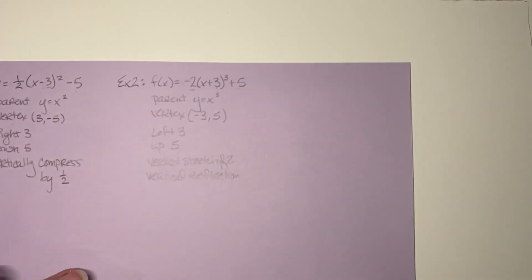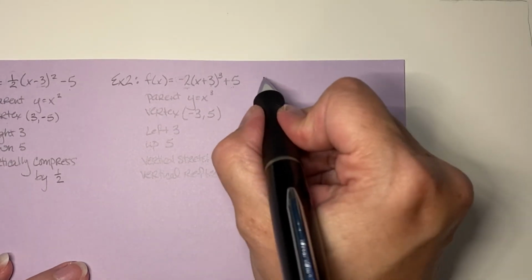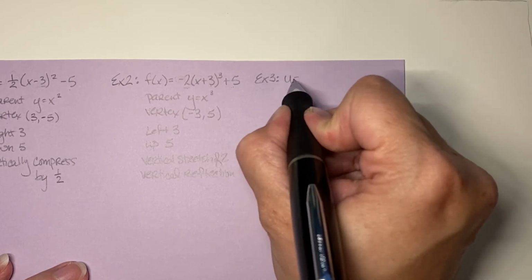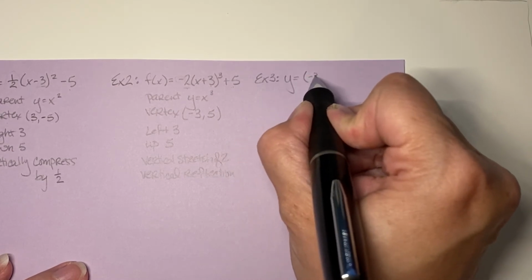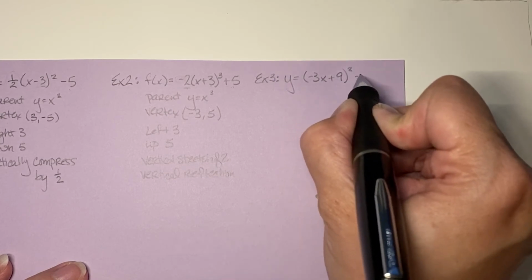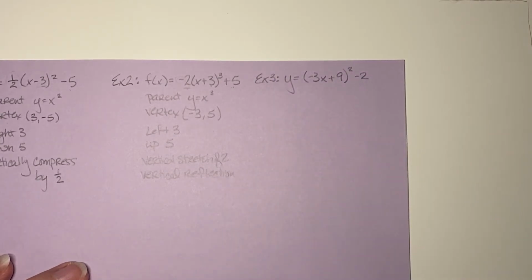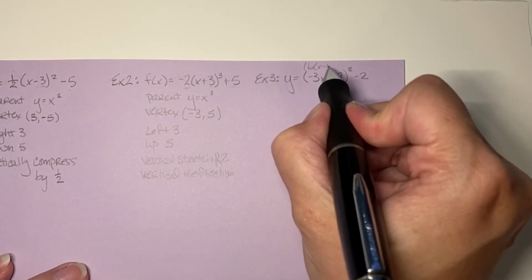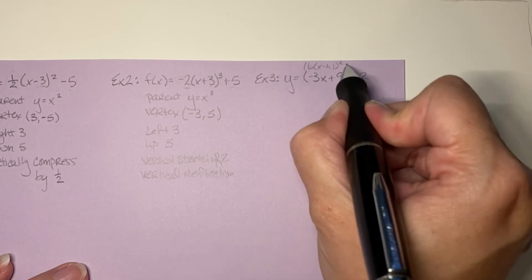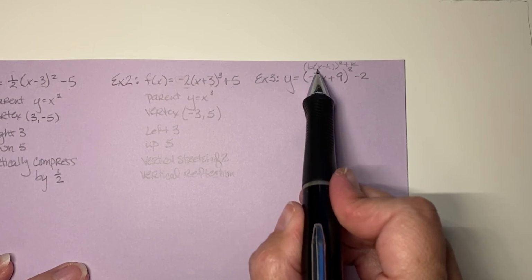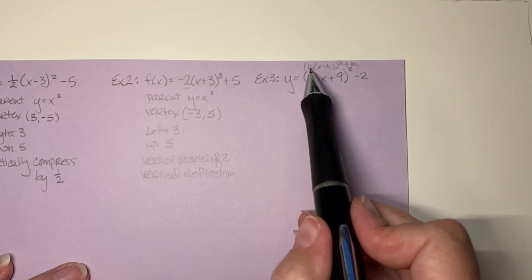All right, let's look at one that has a horizontal component. y equals -3 times (x plus 9) squared minus 2. You'll notice that this does not match our form of b times (x minus h) squared plus k, because the x is by itself and the b is outside the parentheses.